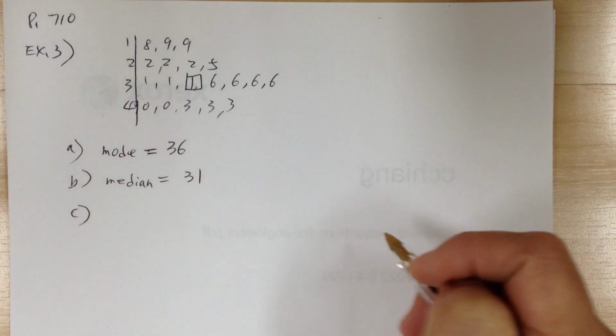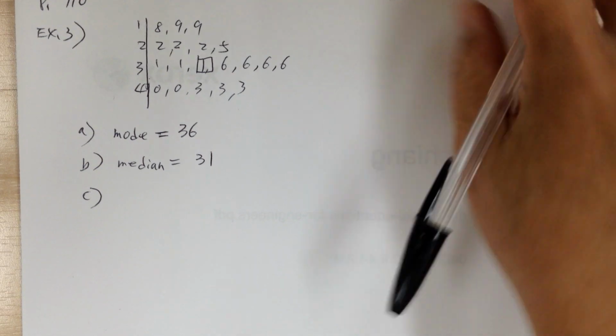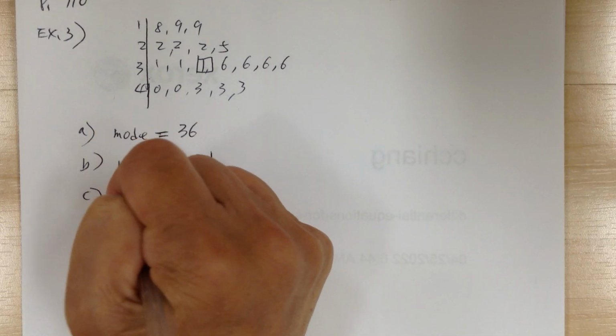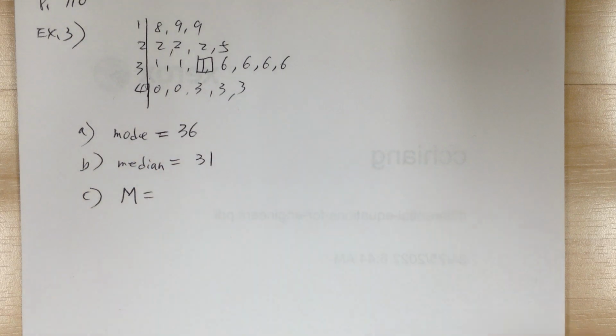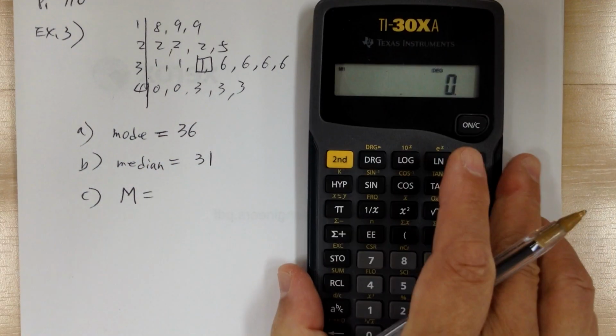Then you go to C, you're looking for the mean, the average. The letter for mean is the capital M. So to find the average, you have to add all these numbers together.